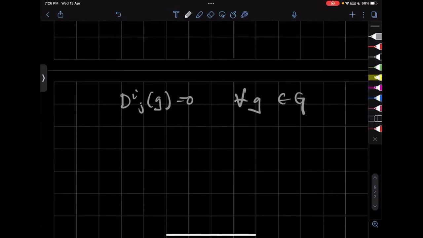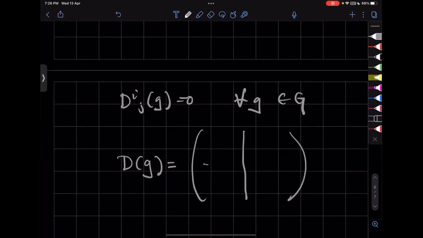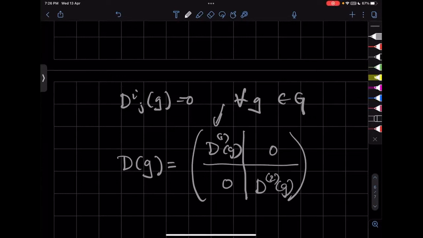In that case, this is not an irreducible representation, because if I write a matrix in block diagonal form, and suppose there is an irreducible representation here and another irreducible representation here, then if these are 0 for all g, we are actually referring to these blocks. Okay?